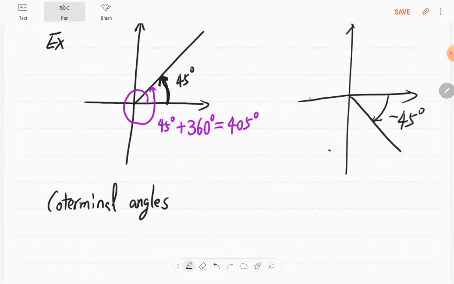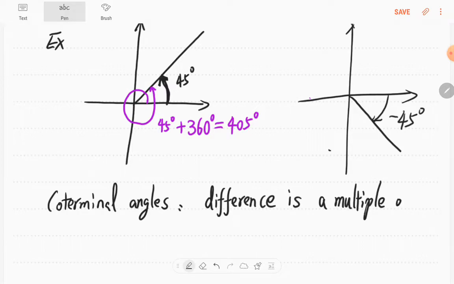One way is you can use the graph. But if the angle is large, it's not easy. So there is another way which says, okay, if the coterminal angles, then the difference between the coterminal angles is a multiple of a round, which is 360 degrees.